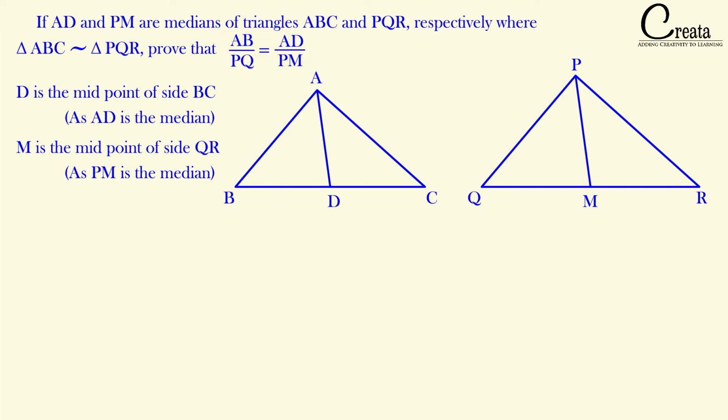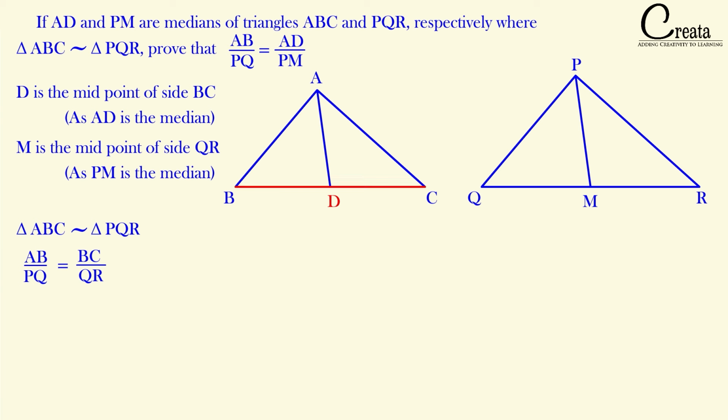So let's proceed. Here in the question it is given that triangle ABC and triangle PQR are similar to each other. Two triangles being similar means the ratio of their corresponding sides will be equal. So for these two triangles, AB upon PQ will be equal to BC upon QR. We have taken only two corresponding sides. Here we know point D is the midpoint of side BC.